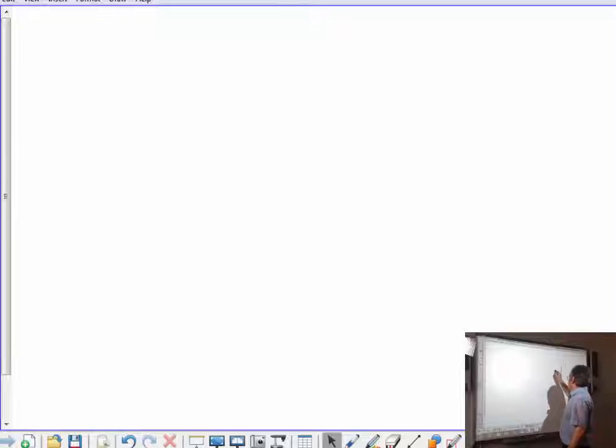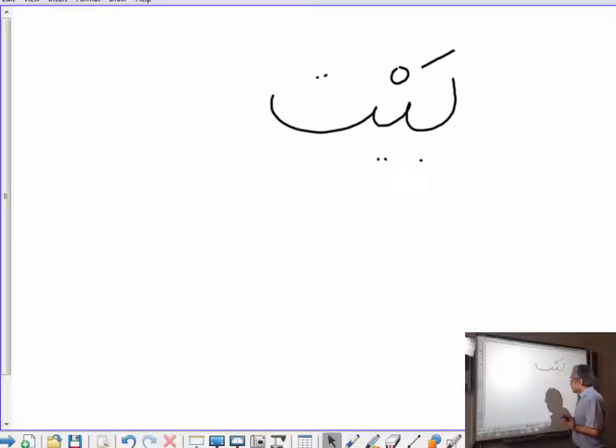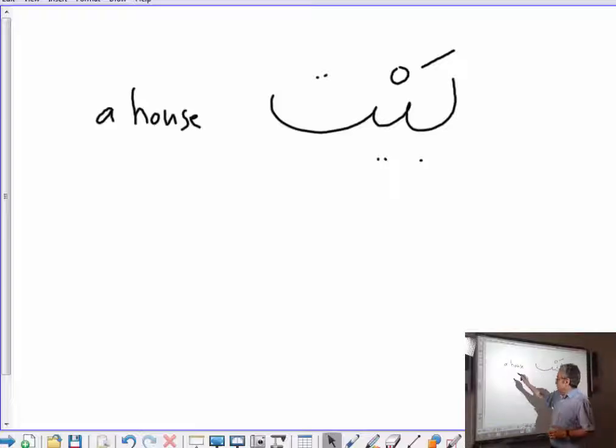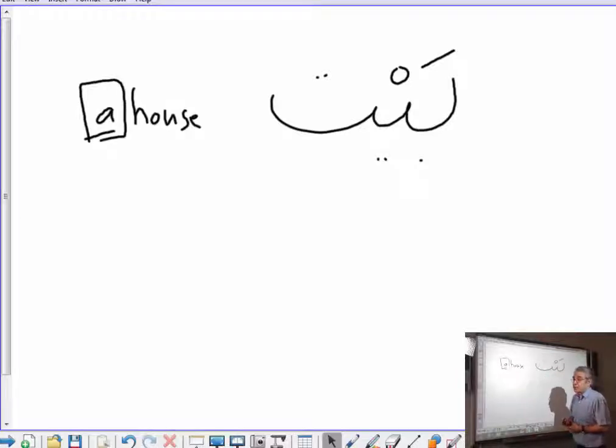If I take this word, and you are familiar with it now, in English I can say a house. So bayt, a house. In Arabic, we need to put something equivalent to it, so we have to put that symbol.